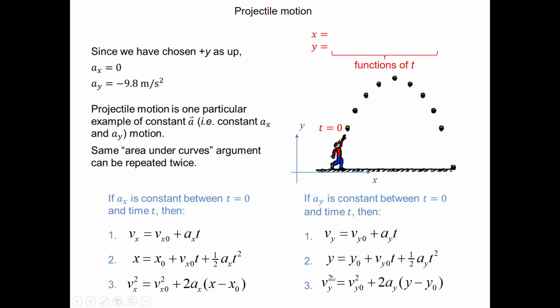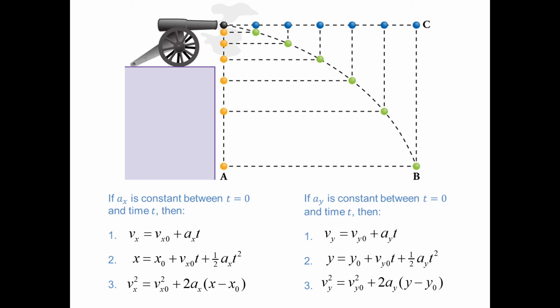And that's somewhat interesting because that's telling us that how things move, as long as the acceleration is constant, of which this projectile motion is an important special case, how things move along the x direction as a function of time is totally unaffected by how they're moving in the y direction. Sometimes this is referred to as the independence of motion when things are in projectile motion, independent of horizontal and vertical motion.